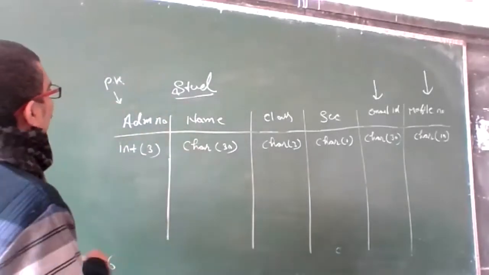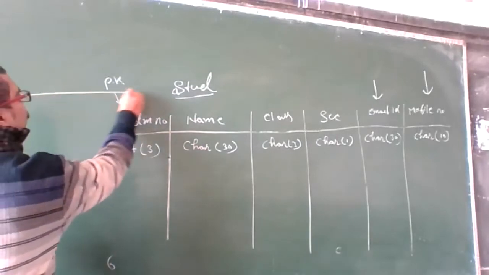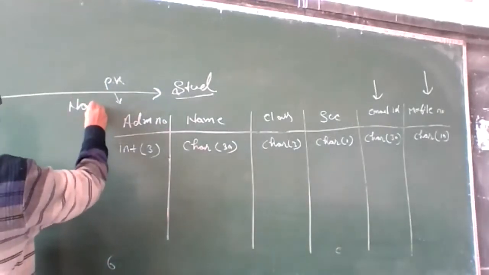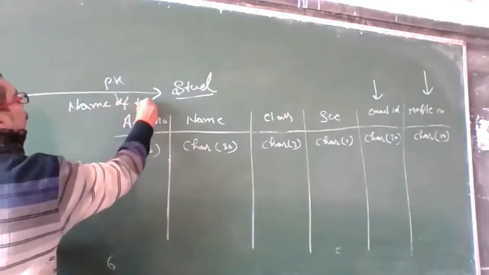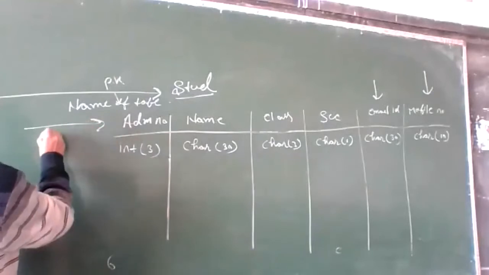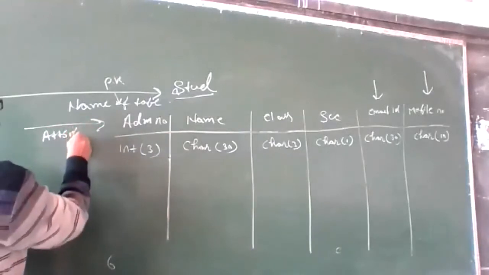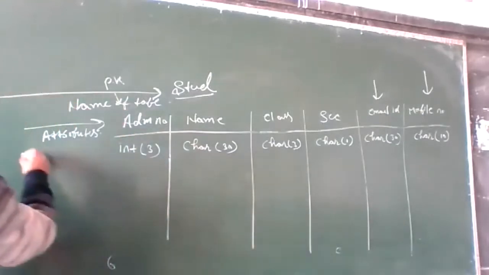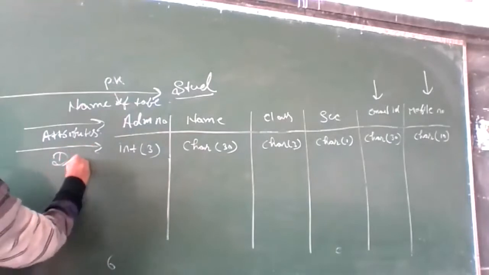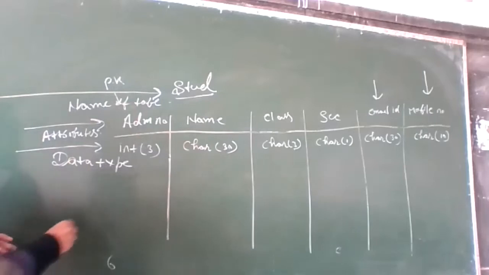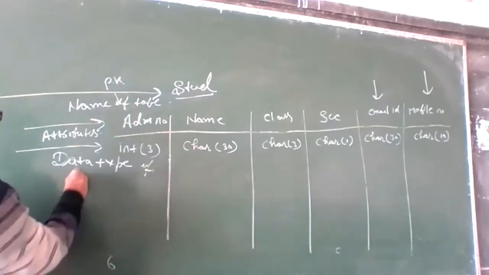Second thing, we must know the attributes of the table. Third thing, we must know the data type of the attributes.